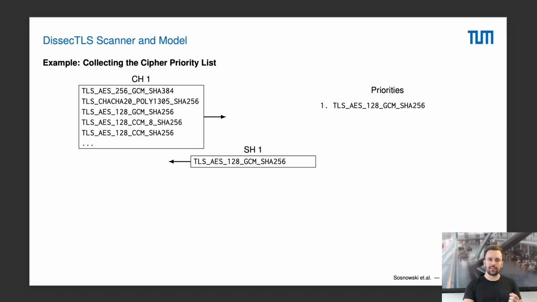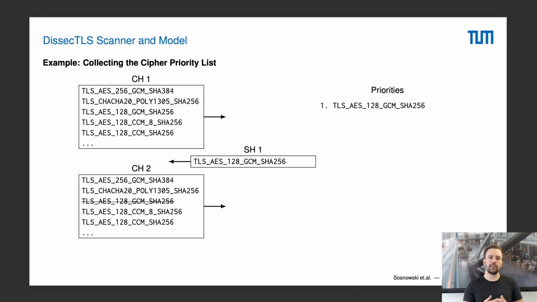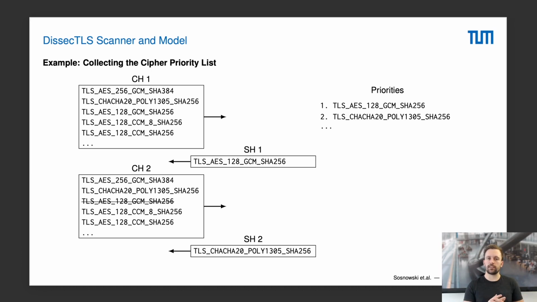Then the server selects a single cipher as response and then we know, well, this is the top priority of the server. Then we update our model with this information and generate a new client hello. In this case, it would be just almost the same client hello as before, just the one cipher suite is missing. And this means the server needs to select its second priority. And we just repeat this process until the server stops responding.